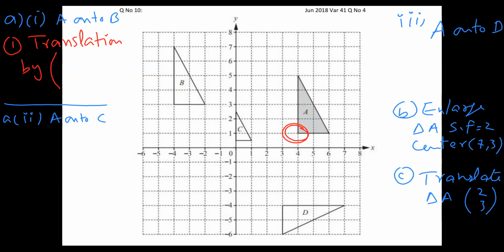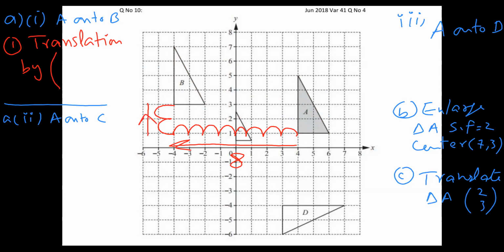Let's say counting from here till here. 1, 2, 3, 4, 5, 6, 7, 8. So 8 this side, and 1, 2, so 2 upwards.